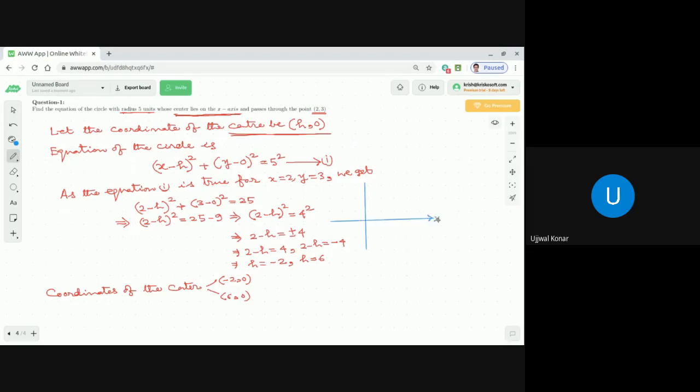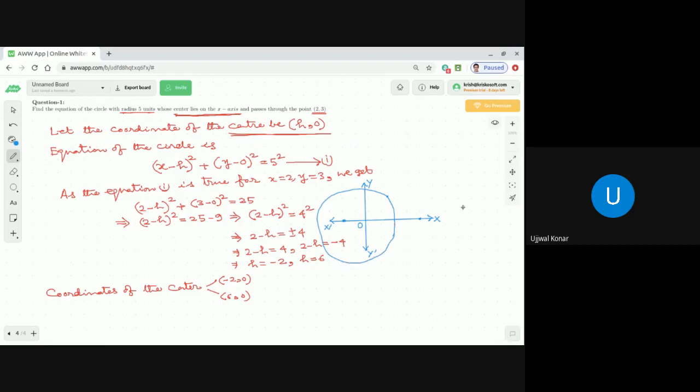This is the x-axis, and this is the origin. Now minus 2 comma 0 will be a point somewhere like this, and 6 comma 0 should be a point something like this. Both are passing through the point 2 comma 3. How is it possible? You can construct a circle something like this.